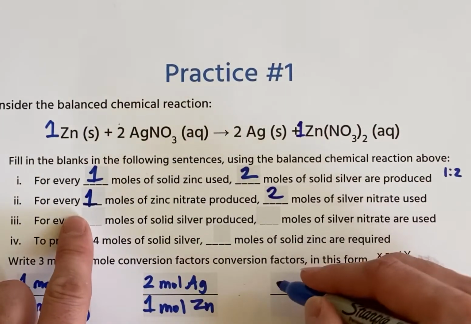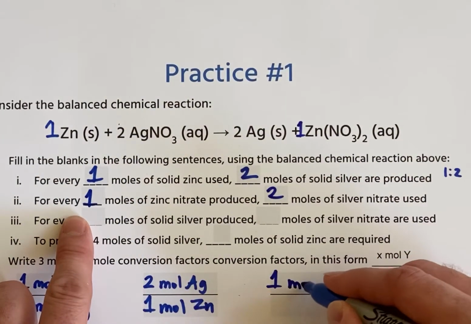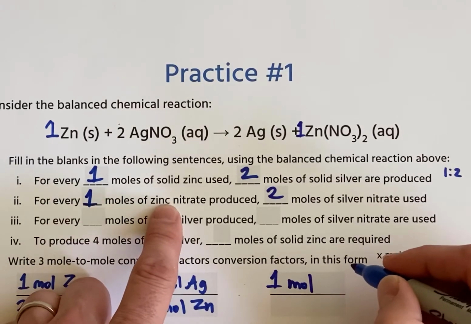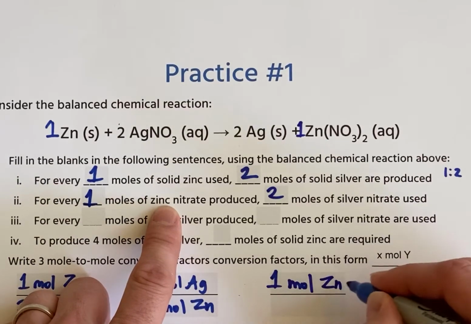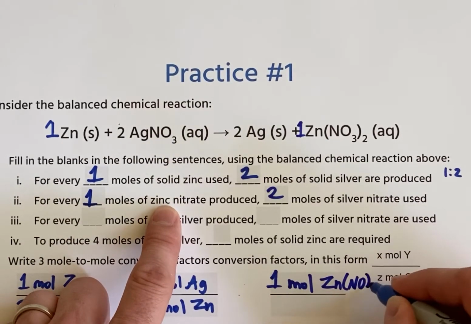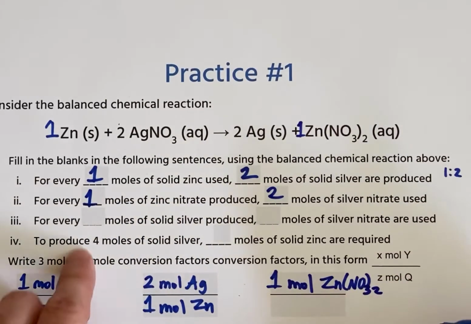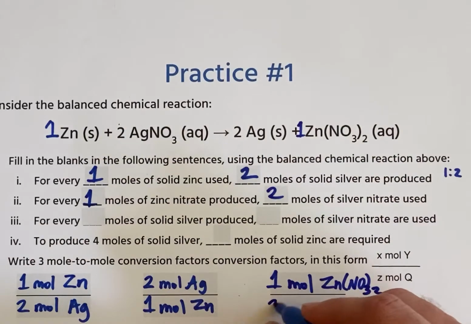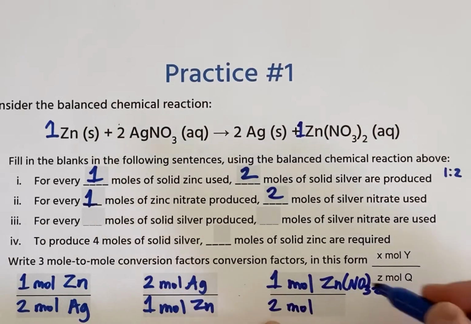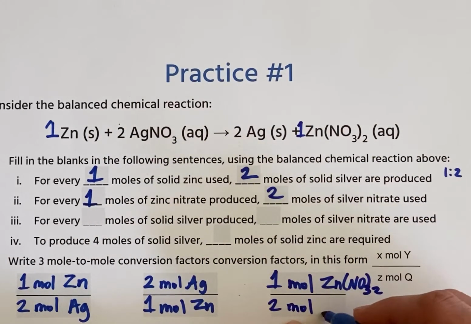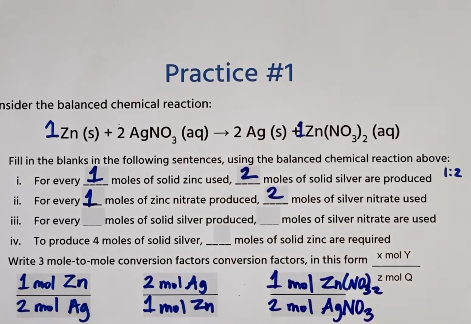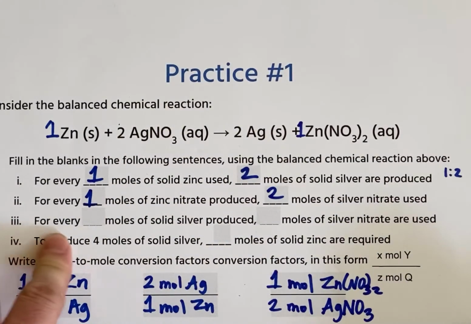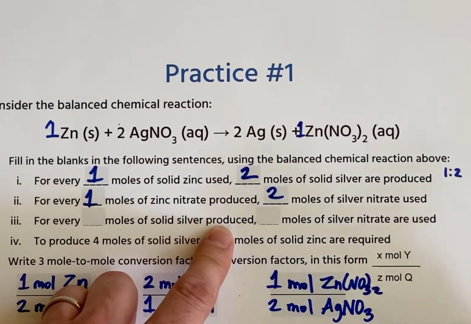And we could write that over here as 1 mole of zinc nitrate, I missed my parenthesis there. And on the bottom, we would write 2 moles of silver nitrate, like that.